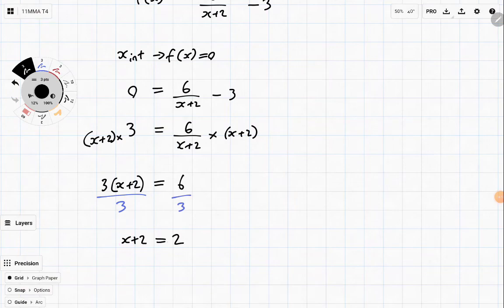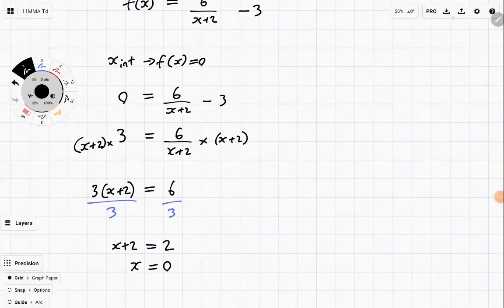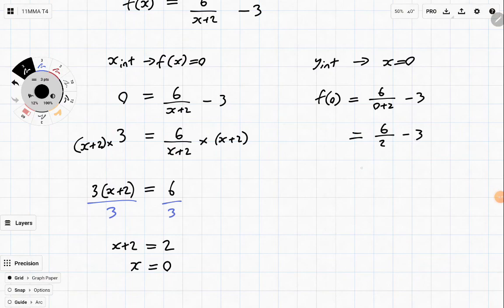So it turns out that the x-intercept should be the y-intercept, so we'll just double check that. The y-intercept is when x equals 0, so f of 0 is equal to 6 on 0 plus 2, minus 3. 6 on 2, minus 3. 6 on 2 is 3, 3 minus 3 is 0. So we get that the x-intercept and y-intercept is the point (0, 0).